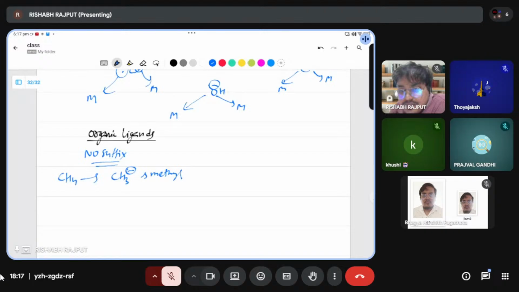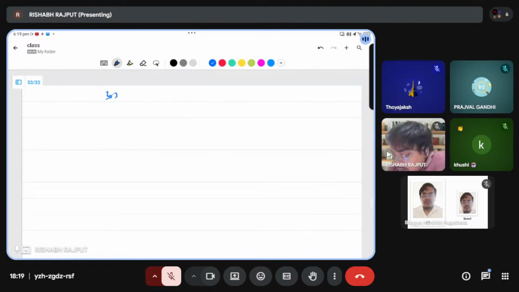Now we're switching to a very important topic. Your chapter, coordination compounds, varies depending on d and f block elements. Normally the elements of the second and third period of the d block are participating here as the metal.